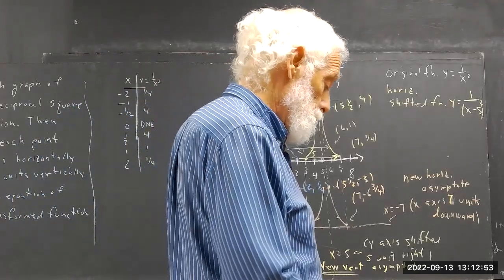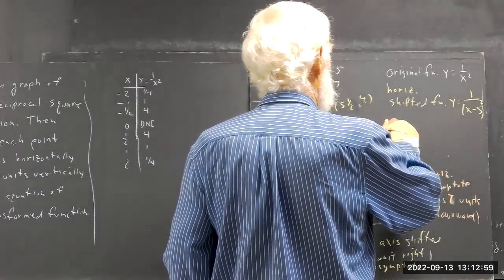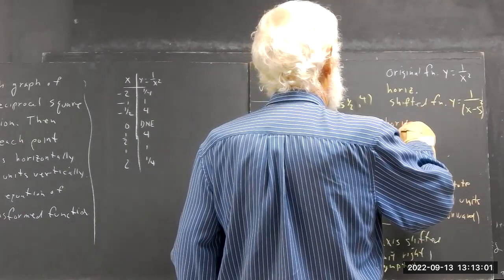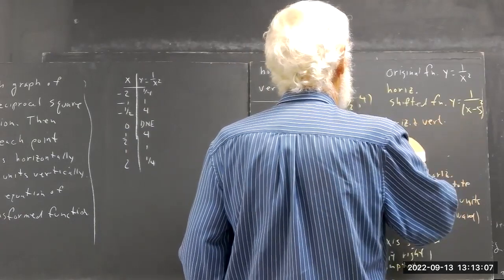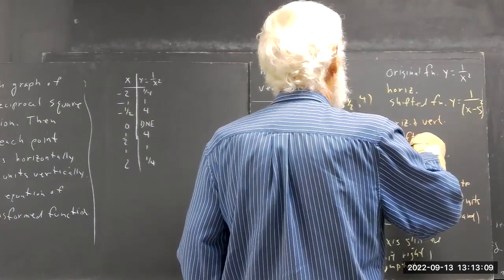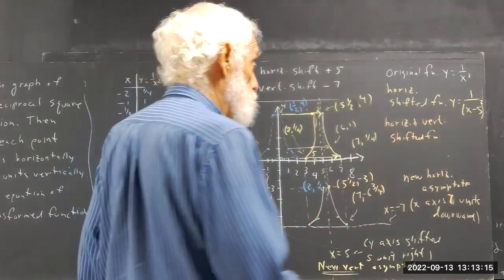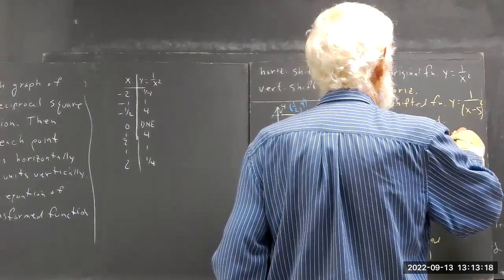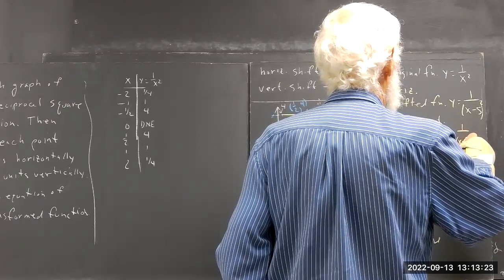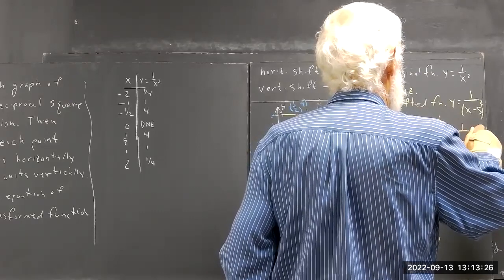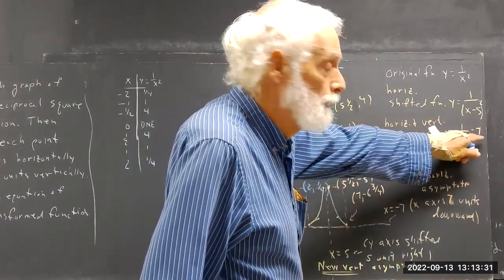And we're going to test that and make sure that it really works. Then the horizontally and vertically shifted function is y equals 1 over the quantity x minus 5 squared minus 7.